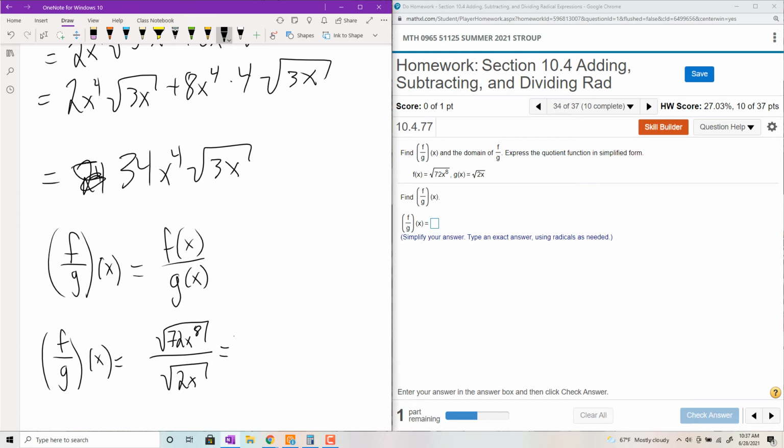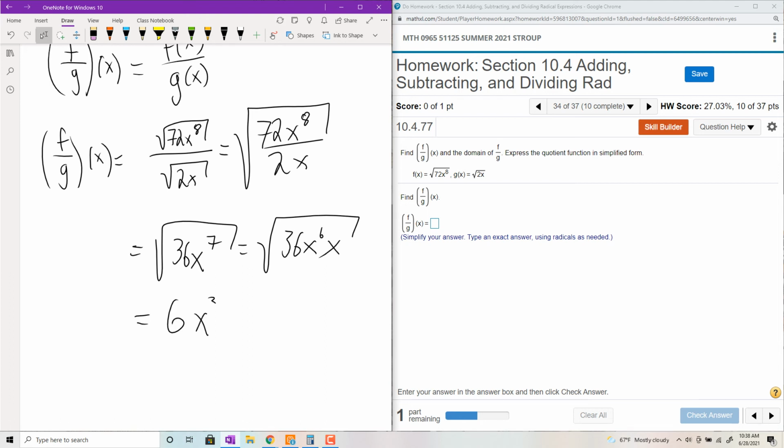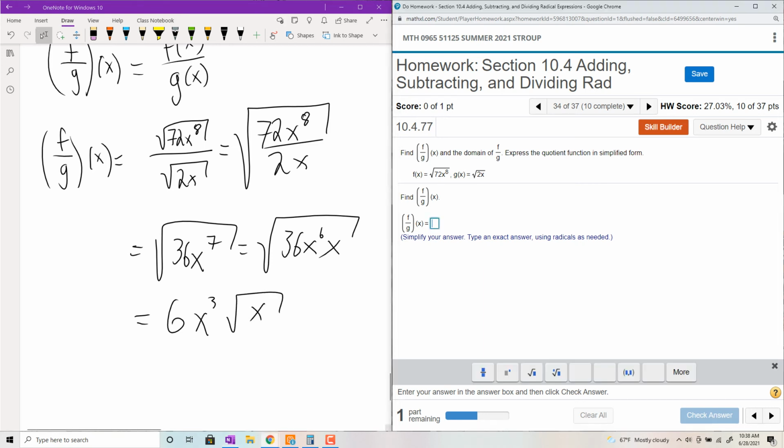Okay, we want to simplify this, so usually, just write it as one big root, 72x to the 8th all over 2x. So it's going to give me square root of 36x to the 7th, and then I'm going to have to rewrite x to the 7th as x to the 6th times x. So marching out perfect squares, 6x cubed square root x. 6x cubed, and then backslash sqrt of x.